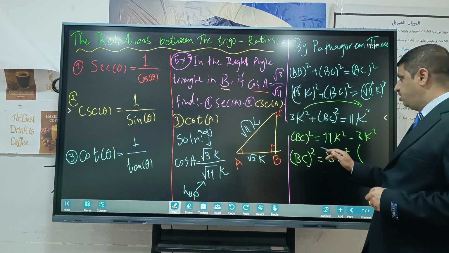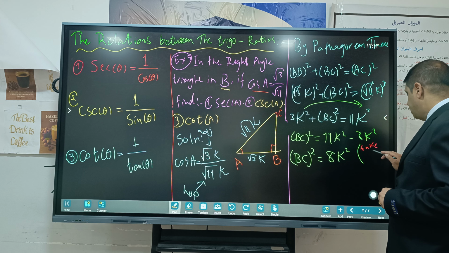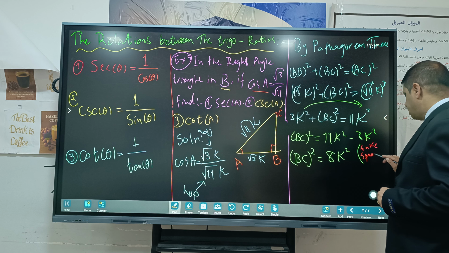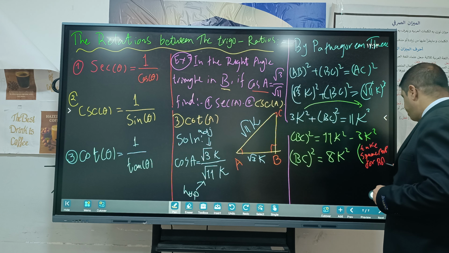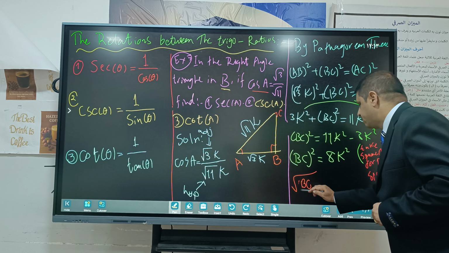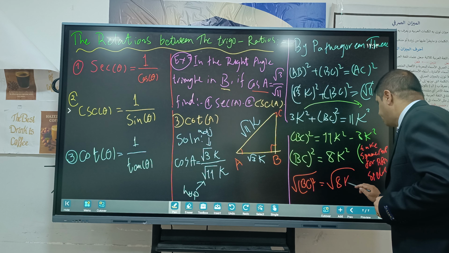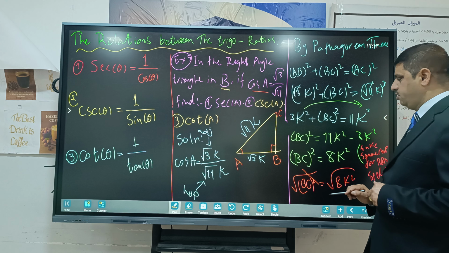I have to get rid of the powers. Take square roots for both sides. I need the square root of BC squared equals the square root of 8k squared. This will go.